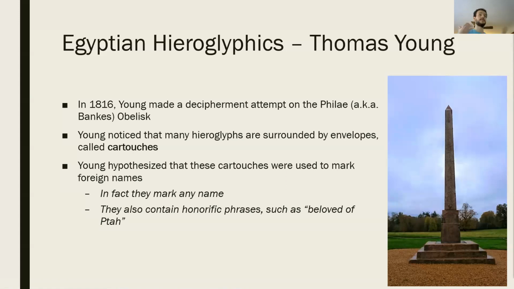But nonetheless, the assumption that these cartouches represent names was a really good starting point for doing this kind of decipherment. So we can see that we can start a decipherment even with an obelisk like this, just looking at that kind of inscription and making educated guesses like this.